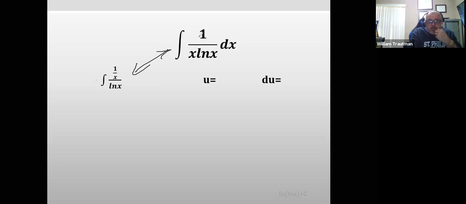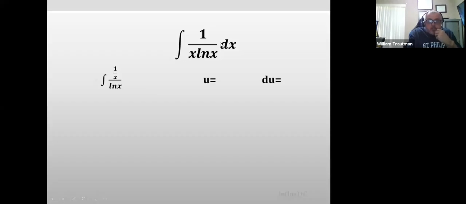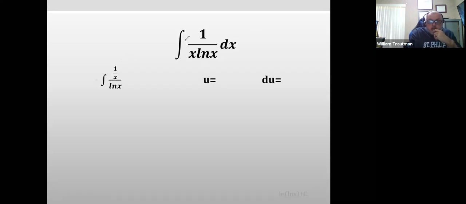This is 1 over x. 1 over x is the same thing as saying 1 over x times 1 over the natural log of x.